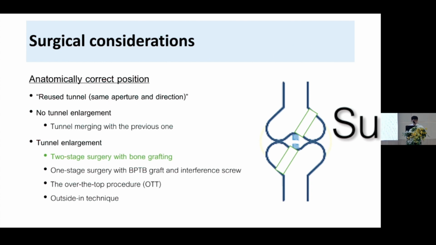If no enlargement of the tunnel, reuse tunnel by merging with the previous one can be done with any graft choice. If severe osteolysis is present, a 2-stage procedure is more recommendable. However, 1-stage procedure, as described before, can be an available option for this problem.